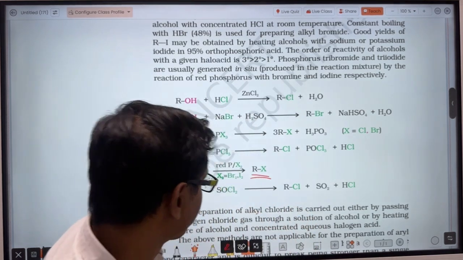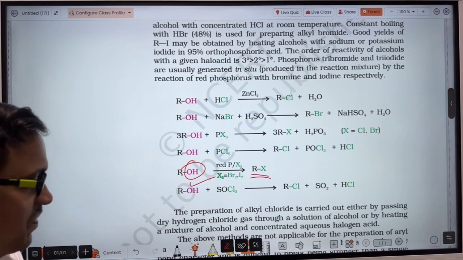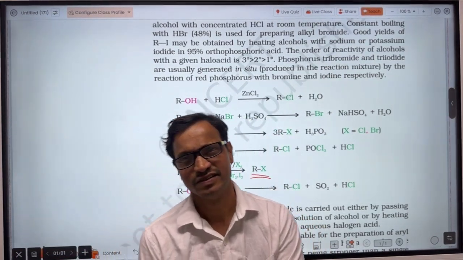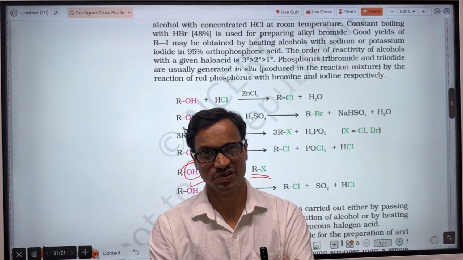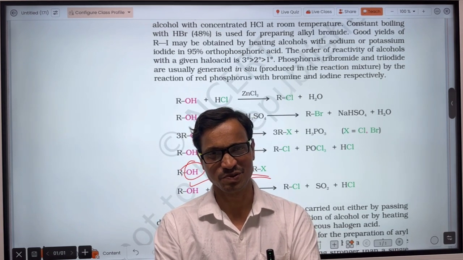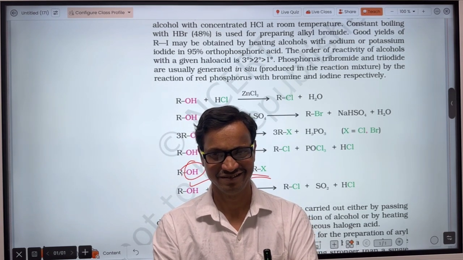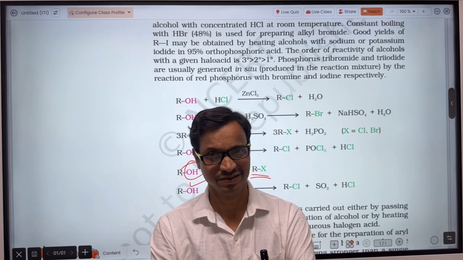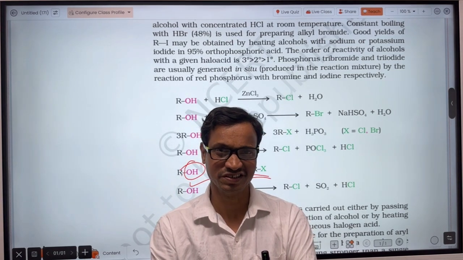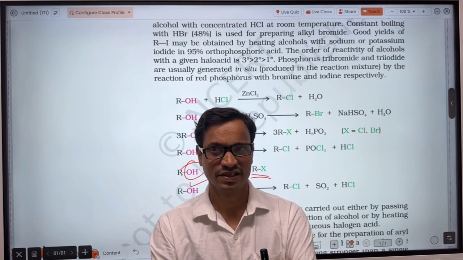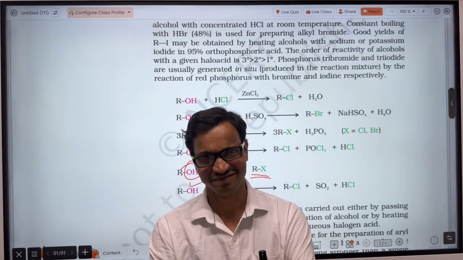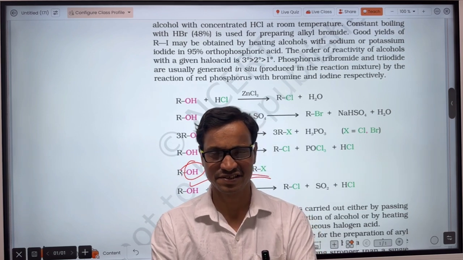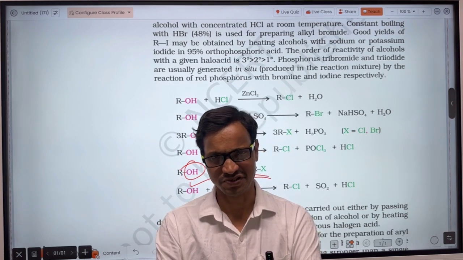So in the presence of red phosphorus we take, because white phosphorus is very reactive. White phosphorus possesses chemiluminescent property, meaning it glows in the dark. White phosphorus is poisonous. Other properties: it is the most reactive and least stable allotropic form of phosphorus.